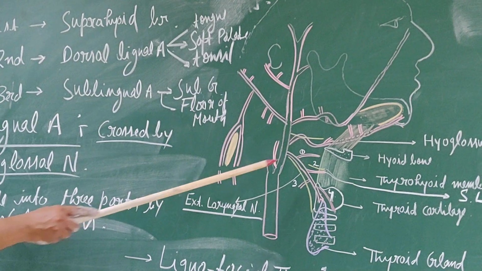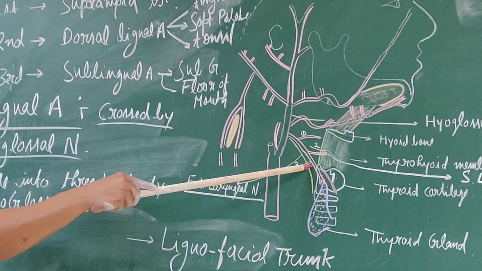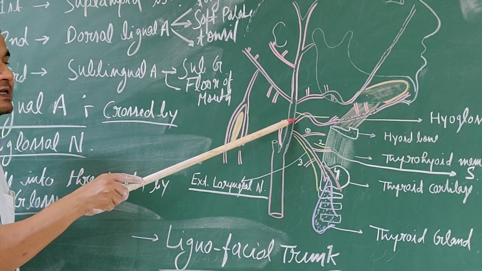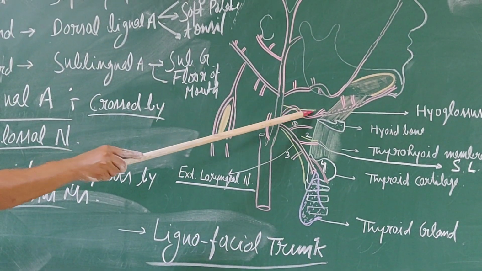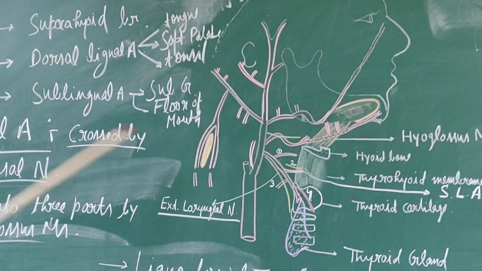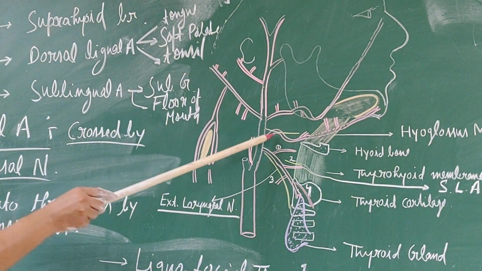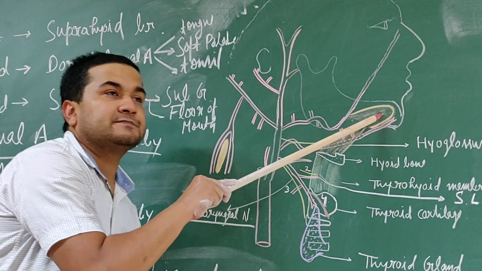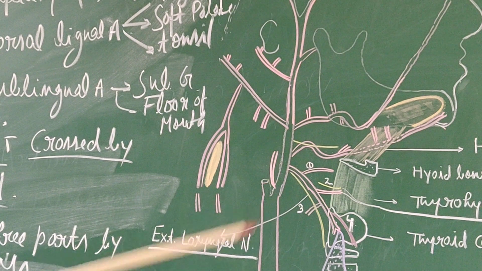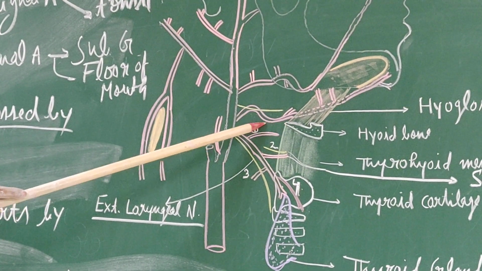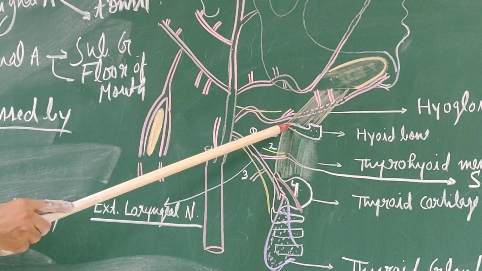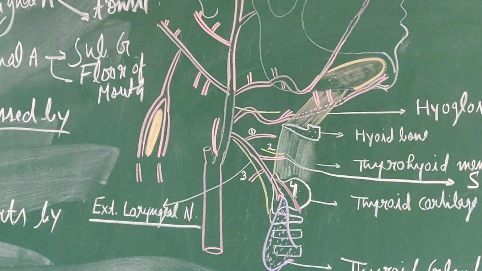Now, after the superior thyroid artery, the next artery that takes origin from the anterior aspect is the lingual artery. In this diagram, it is the lingual artery. This lingual artery is the chief artery of the tongue. It takes origin just opposite the tip of the greater cornu of the hyoid bone.